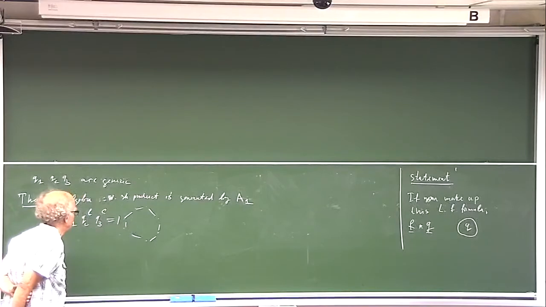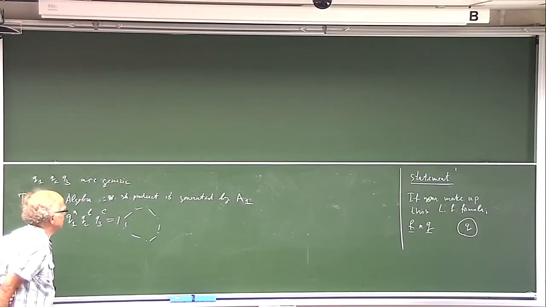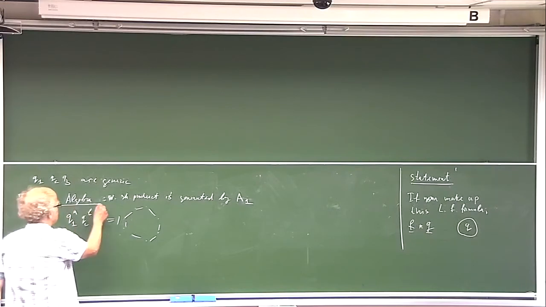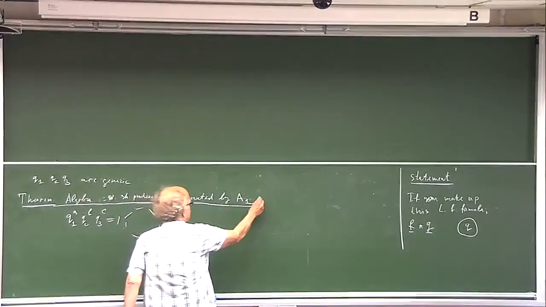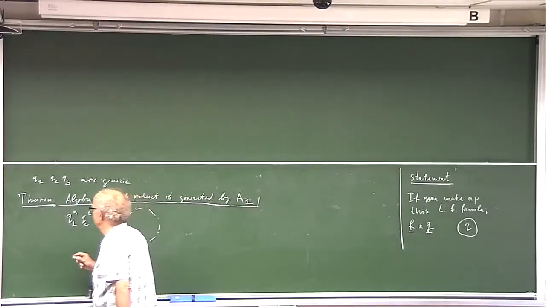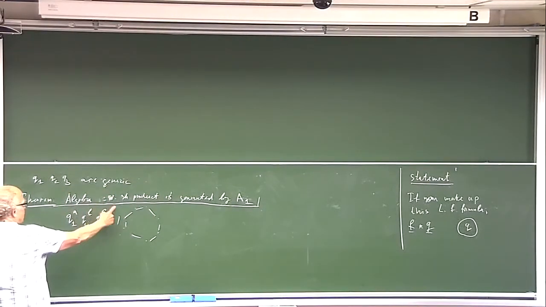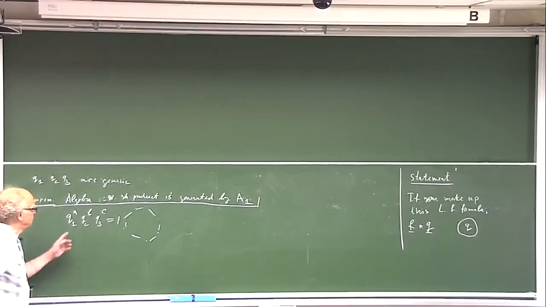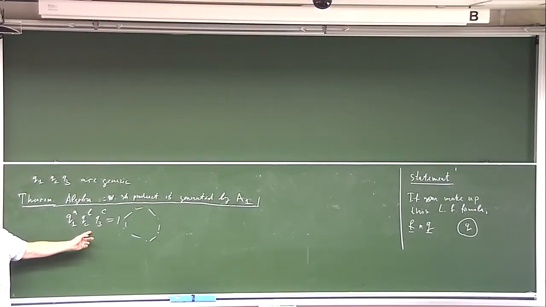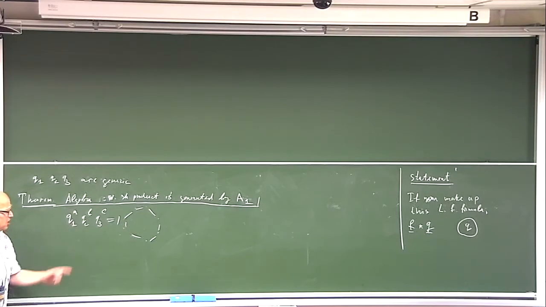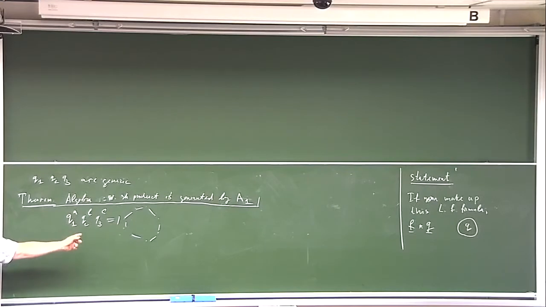The theorem says that for generic parameters the algebra is generated by A1. What we see is that if they are not generic in this sense, so they satisfy such a relation, people, for evident reasons, call this the resonance condition.